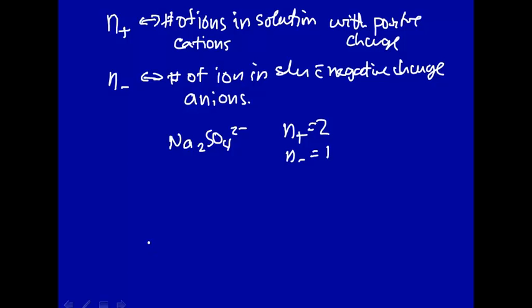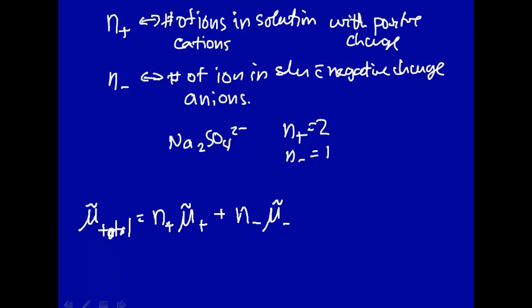So let's write the total chemical potential of a solution that contains N plus and N minus. The total chemical potential will be the number of species with the plus times the electrochemical potential of the plus species, plus the number in the minus times the electrochemical potential of the minus species.